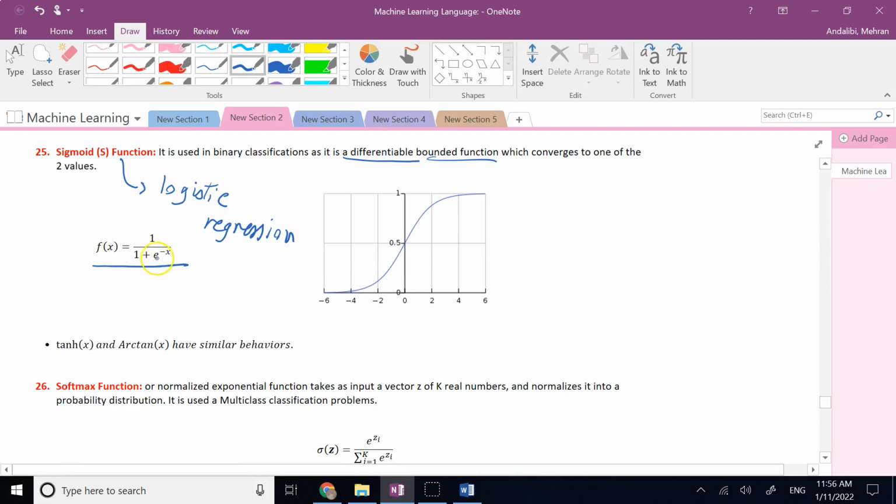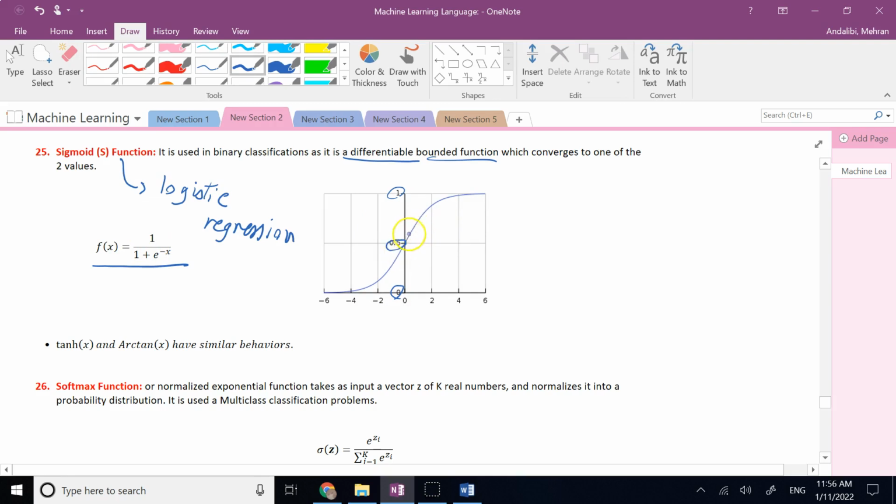Clearly, when x is positive infinity, e to the negative x goes to 0, so it's going to be 1 over 1. When x is negative infinity, e to the negative x is going to be positive infinity, and 1 over positive infinity is 0. So this only goes from 0 to 1. And at 0, it's going to be 1 over 2, which is 1/2.